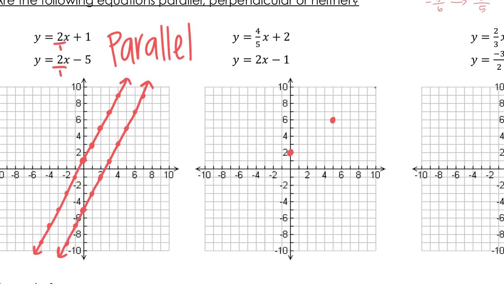Up 4, right 5. Okay, since I ran out of room, I'm going to go the opposite direction. Down 4, left 5. Do it again. Down 4, left 5. And I'm going to connect my dots, and I'm going to put arrows on the ends.